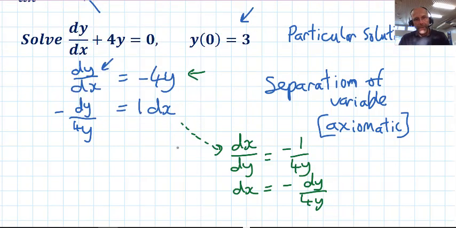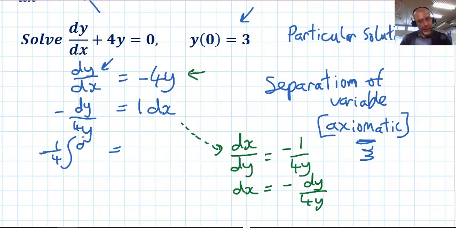Now, the axiomatic part is that we can integrate both sides, so I guess I jumped the gun there. I like axioms. And we can integrate both sides. I want to get that constant outside, that's nicer. So it's negative a quarter outside of the integral of dy over y, and integrate the other side with regards to dx. You can do that.